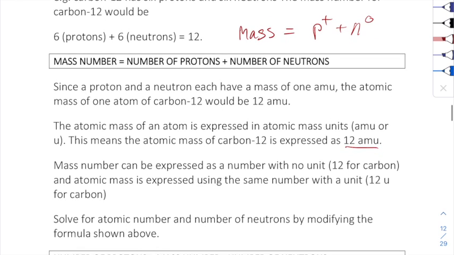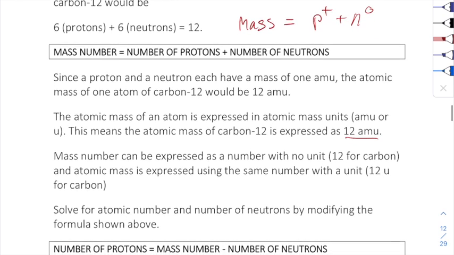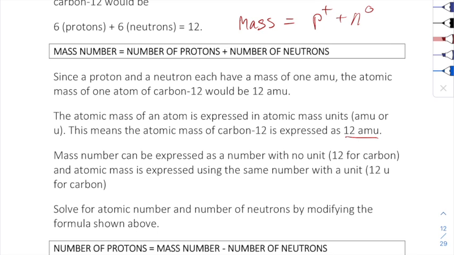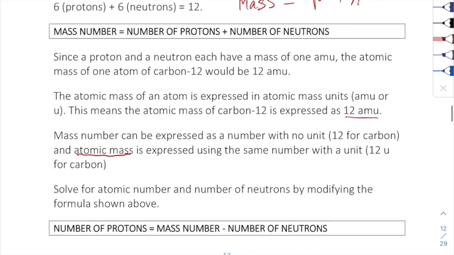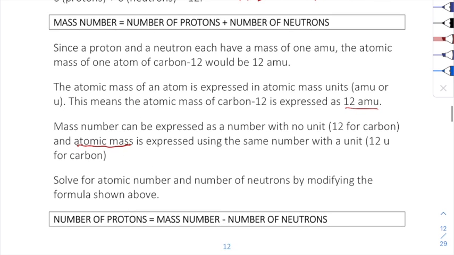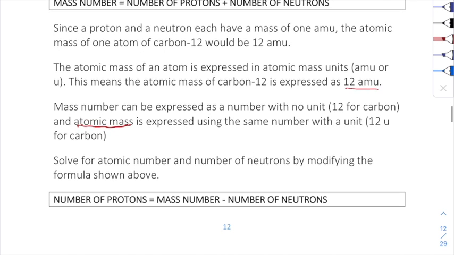So mass number can be expressed as a number with no unit, 12 for carbon. The atomic mass is expressed as the same number with a unit. So atomic mass is referencing the actual weighing of the object. The mass number is to suggest how many nuclear particles are there, how many subatomic particles. So solving for atomic number and number of neutrons can be found by modifying this equation.